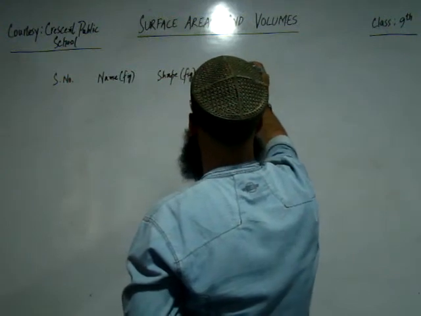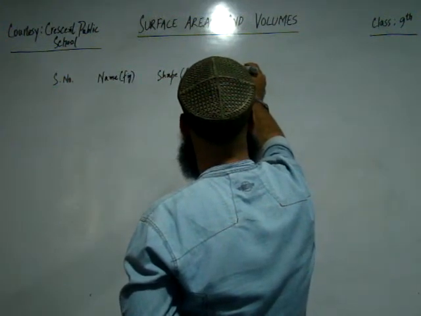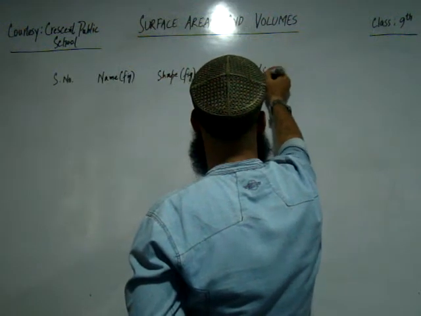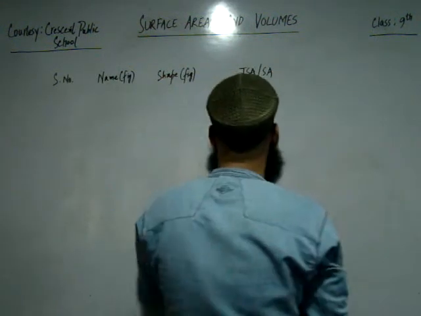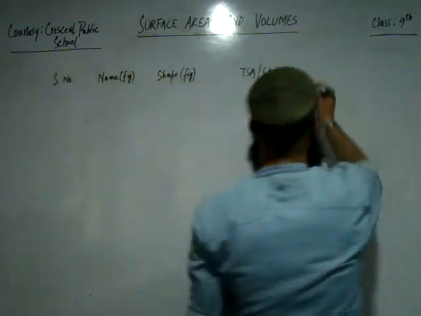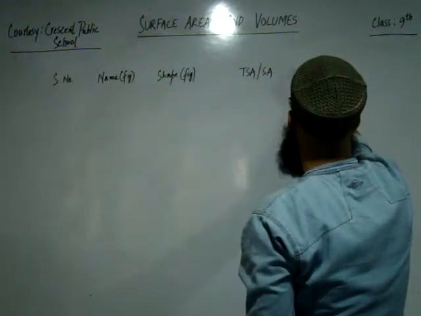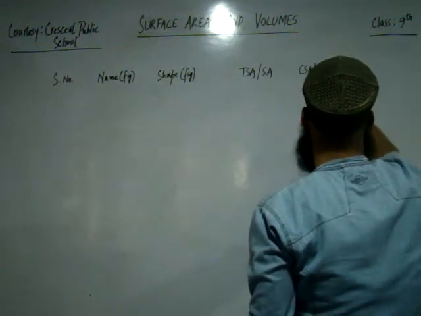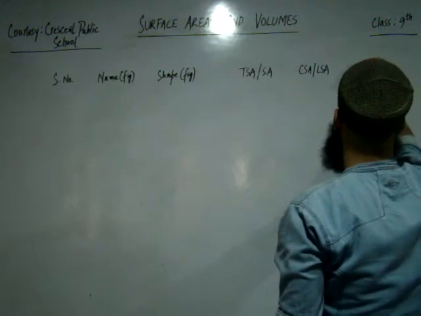Total surface area, or it's just surface area. Then we have curved surface area, or we call it as lateral surface area. Then we have volume.